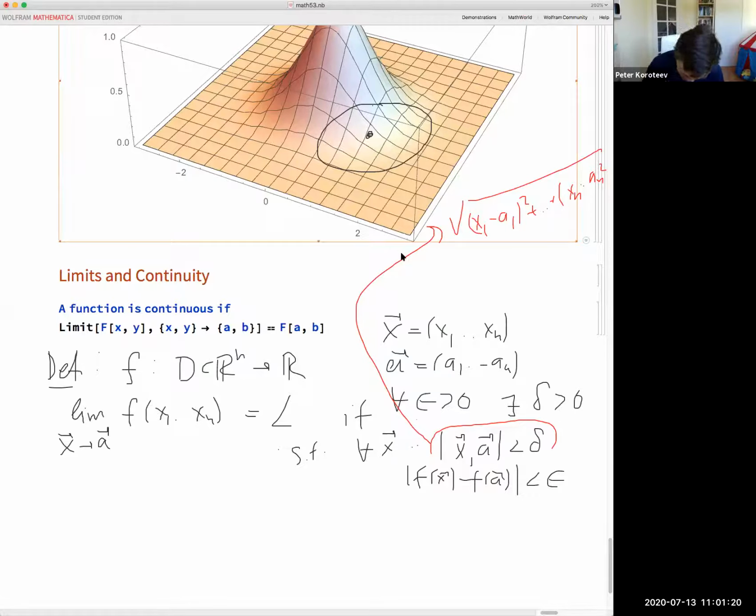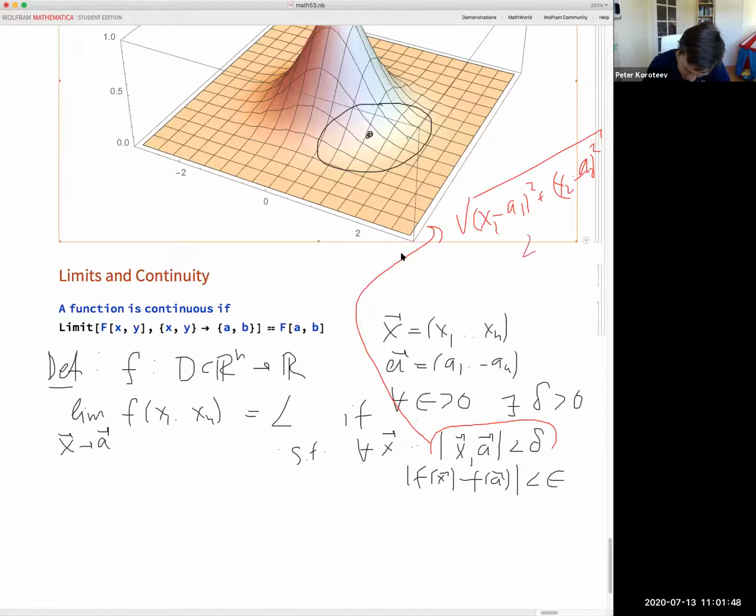So if you pick a point x, so there's a vector. Here it's a two-dimensional example, so there are only 2 coordinates. So it's the square root of (x1 minus a1) squared plus (x2 minus a2) squared.